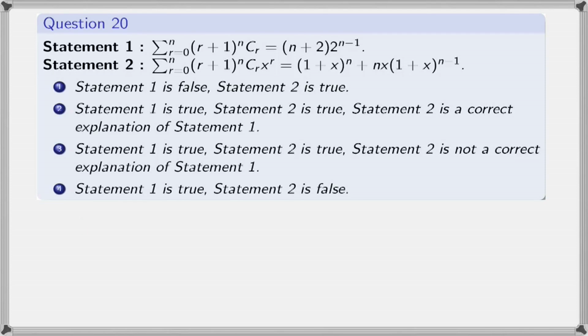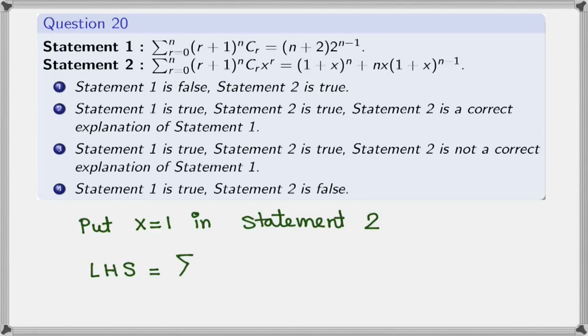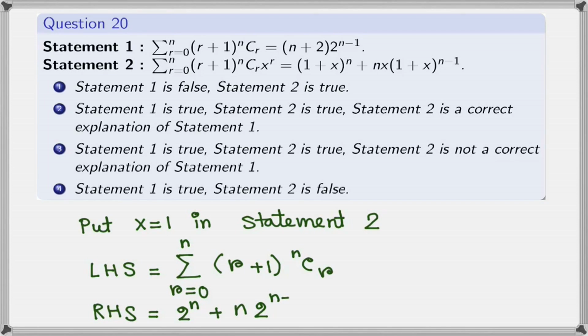Note that if we put x is equal to 1 in statement 2, LHS is equal to sum from r is equal to 0 up to n, (r plus 1) into nCr, and RHS is equal to 2 to the power n plus n into 2 to the power n minus 1, which is equal to 2 to the power n minus 1 into (2 plus n). Therefore, statement 2 implies statement 1.